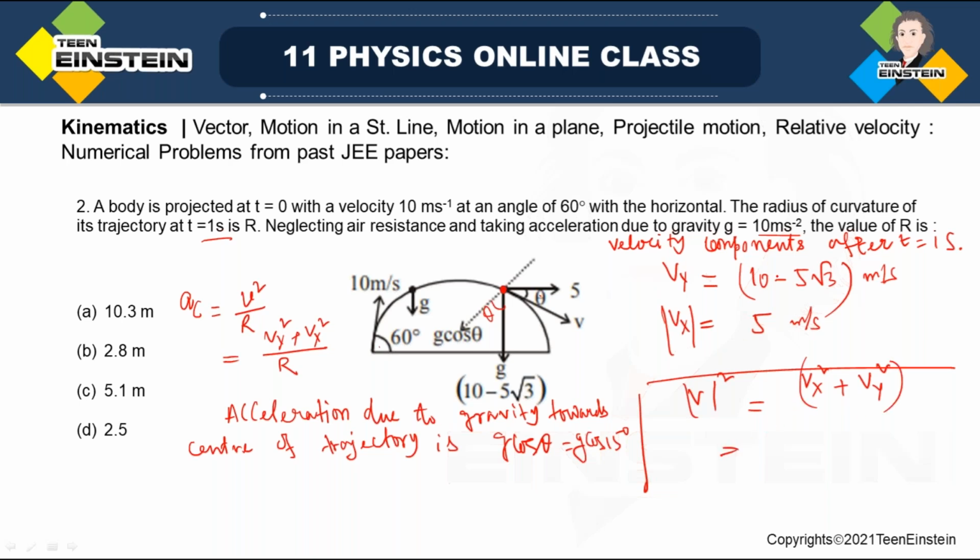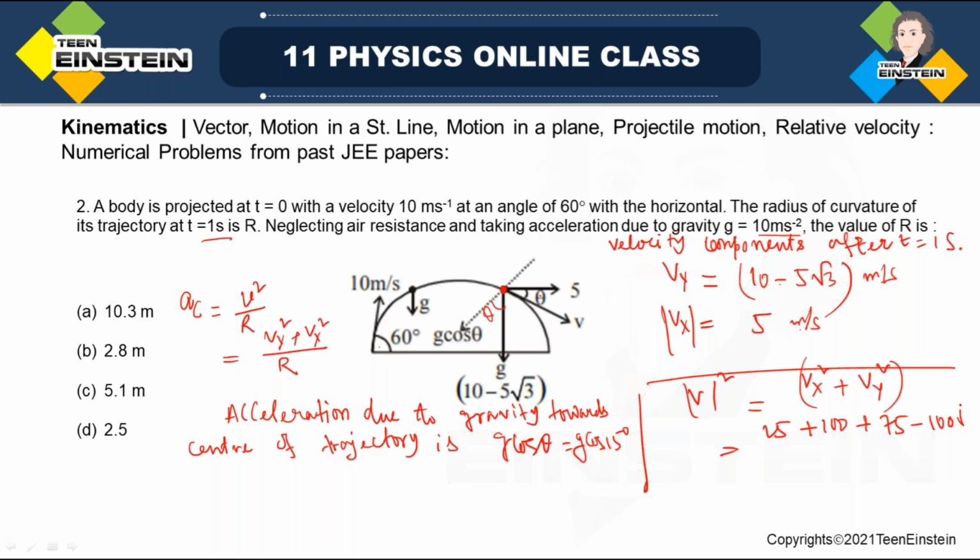If you just put these values of vx and vy, it will give you something like, see, vx square means 25. Then vy square means this, then plus 75 minus 2ab, so 2 times 10 times 5 root 3, that is 100 root 3.